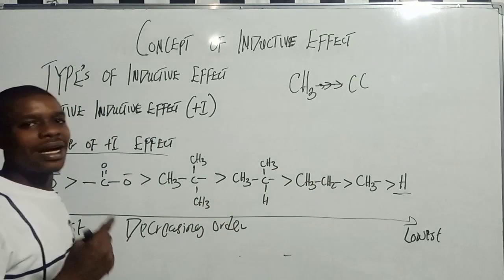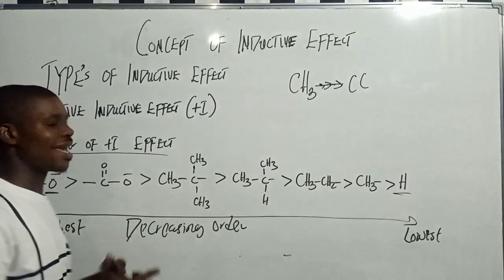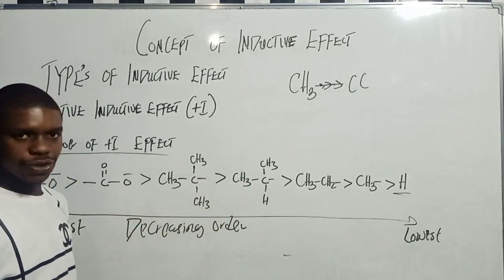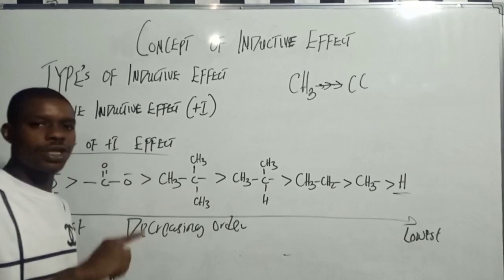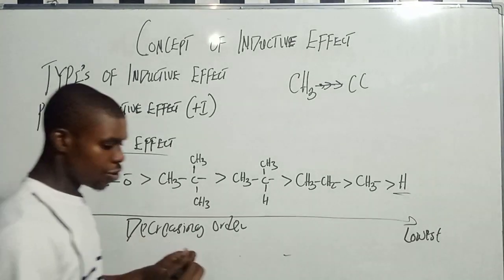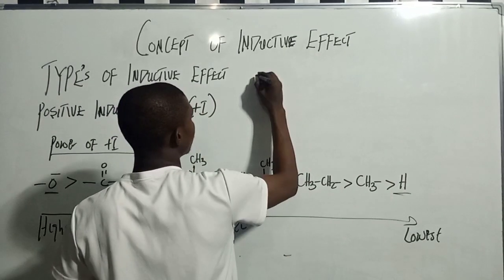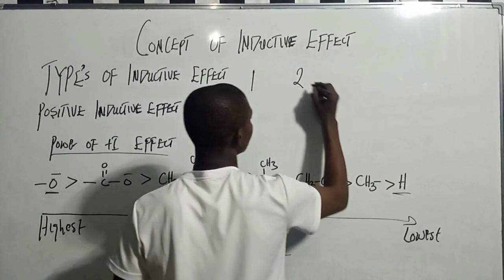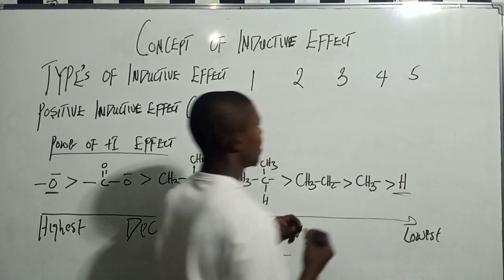Because most times they say rank them in increasing order of plus I effect, and either of these can be given to you. Rank them or arrange them in increasing or decreasing order of plus I effect.